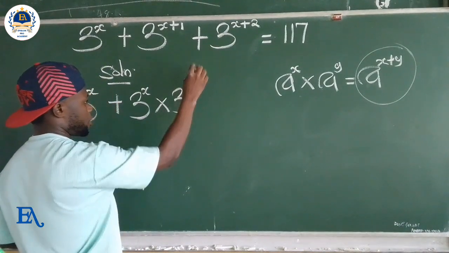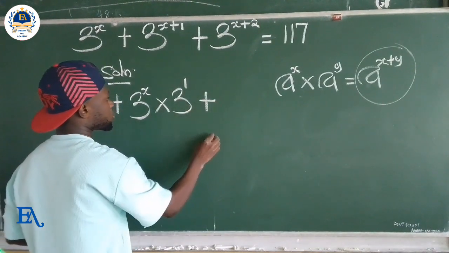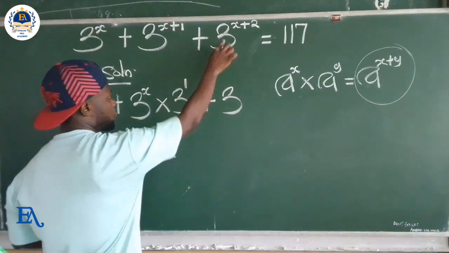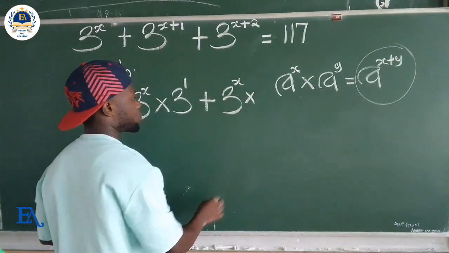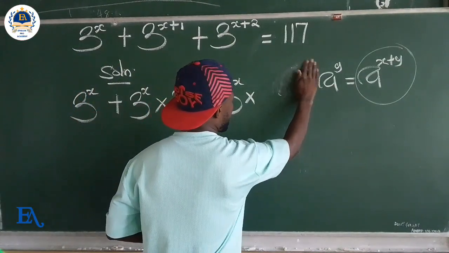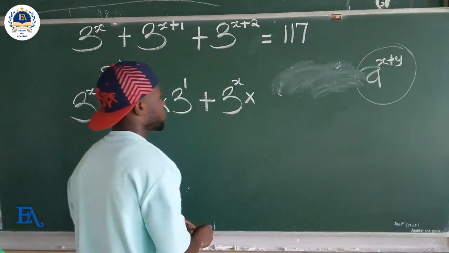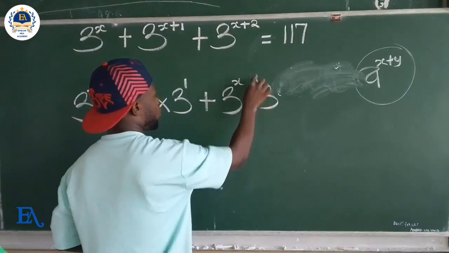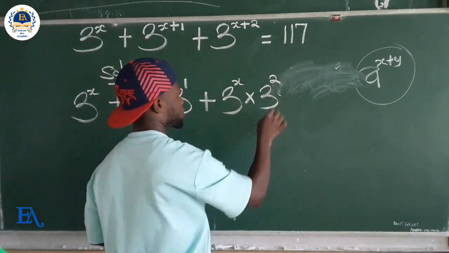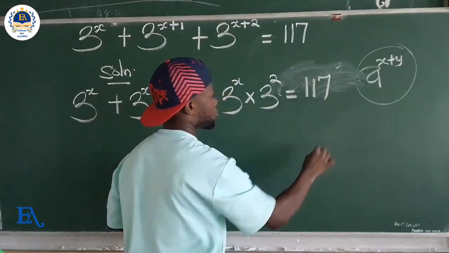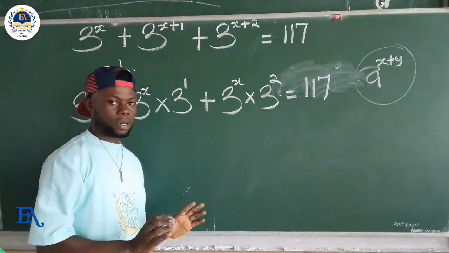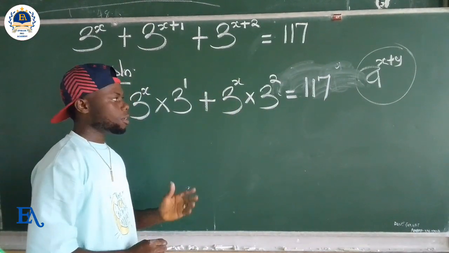Let's do the same over here, plus 3 raised to the power of x times 3 raised to the power of 2, which equals 117. Very simple, right? Let's proceed.